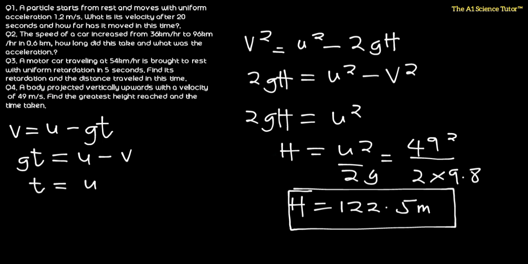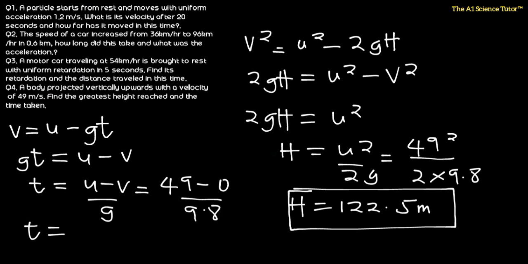So the time will be u minus v divided by g. We know that u is 49, v is 0, and g is 9.8. So that should be 49 divided by 9.8. So that gives us 5. So we have 5 seconds.